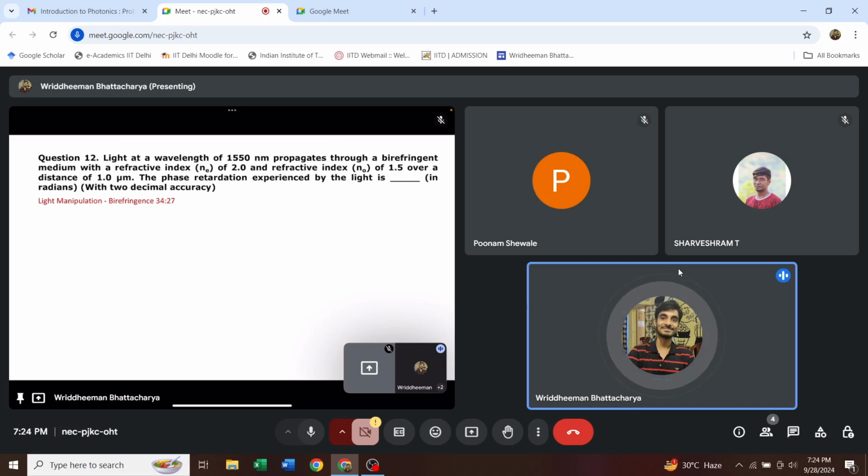The phase retardation experienced by the light is what? So the formula is 2 pi by lambda (Ne minus N0) cross D. By putting the values, we will get 2.03 radians. Simple formula based.